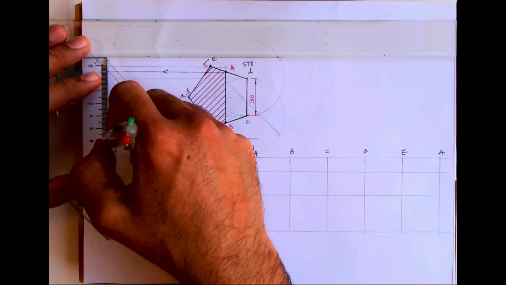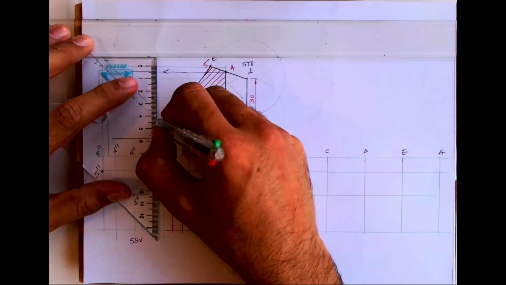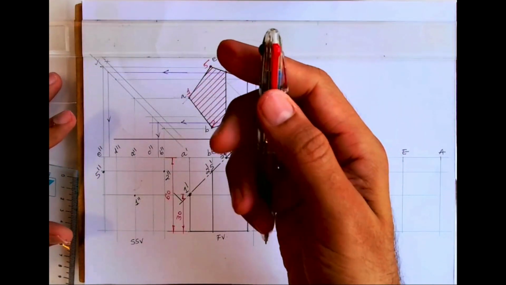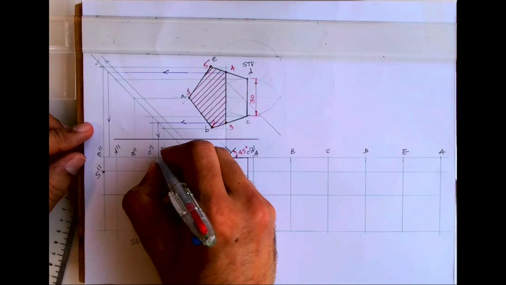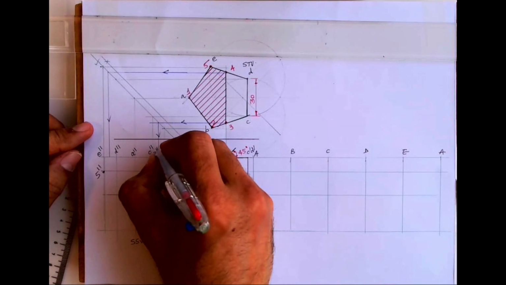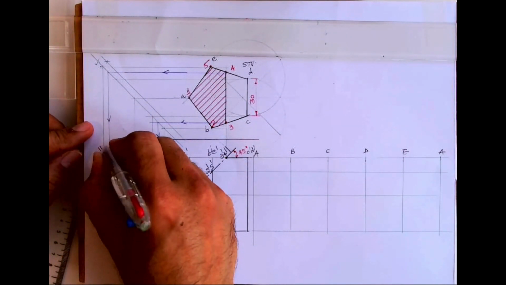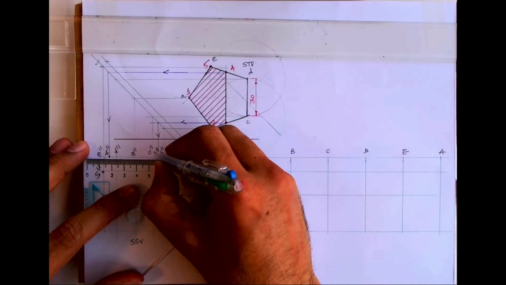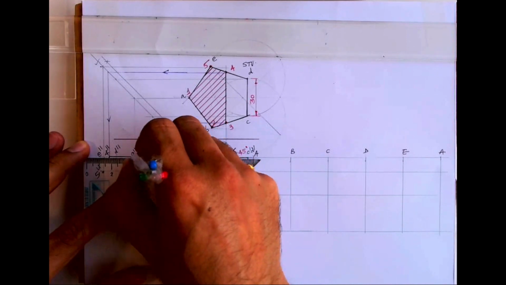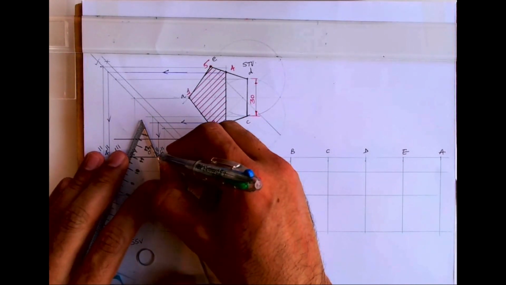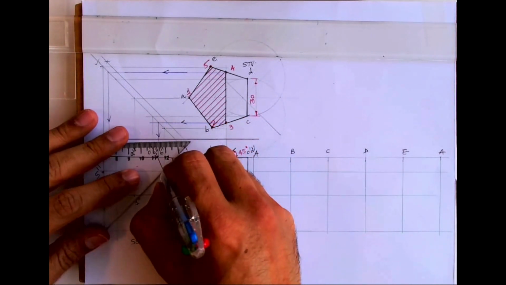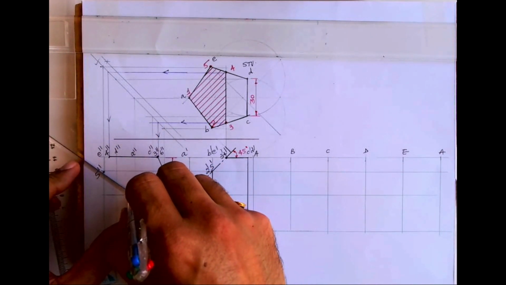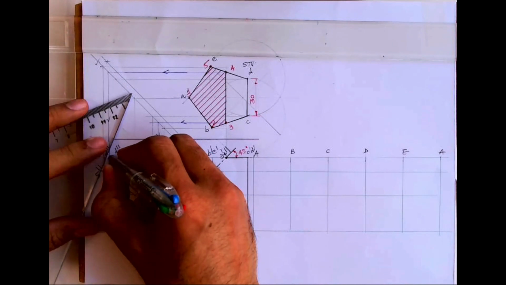So you project this down, and wherever it will cut, that is 3 double dash, this is 4 double dash. Join this dark: 2 double dash, 3 double dash, 1 double dash.